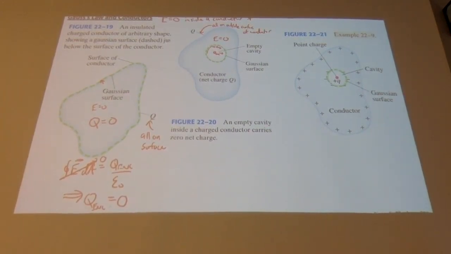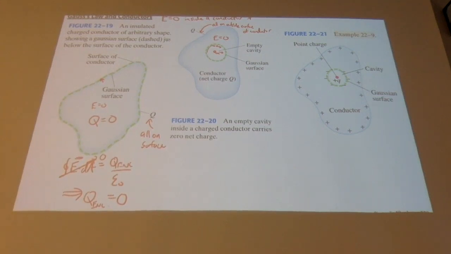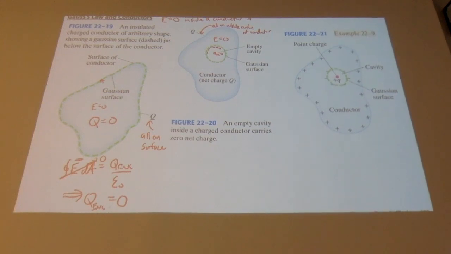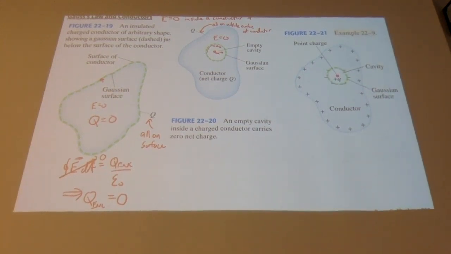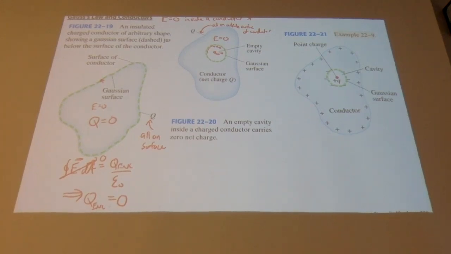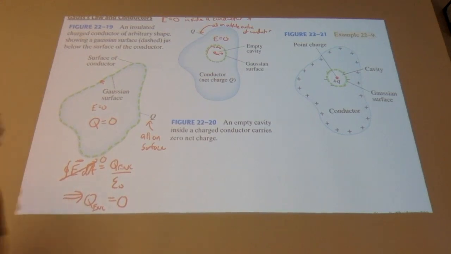Okay? No electric field in a conductor leads to the idea of no charge enclosed by that Gaussian surface, which tells me that some of the charge doesn't run to the interior surface. It still gets as far away from each other as possible and goes to the outer surface of a conductor with a hole cut in it.